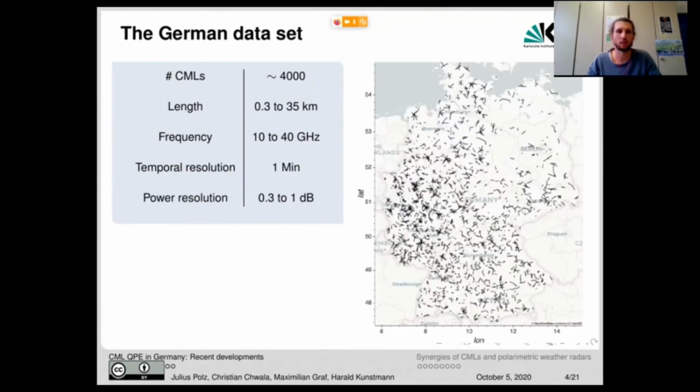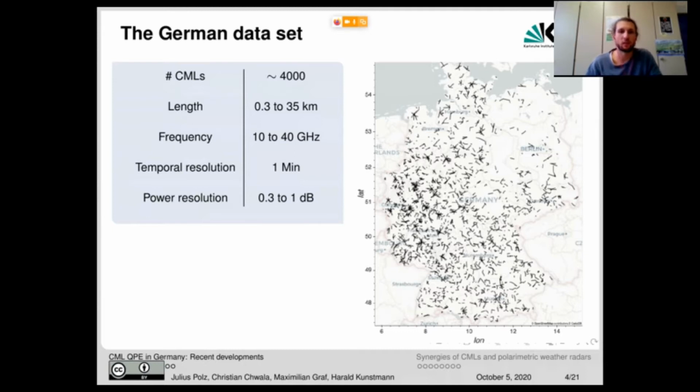In Germany, our data set covers around 4,000 CMLs. It's almost countrywide. And before you are wondering, in the northeastern part of Germany, there are not fewer CMLs. It's just that we are covering with this data set a specific type of antenna, and that is not built there as much, but coverage is still there.